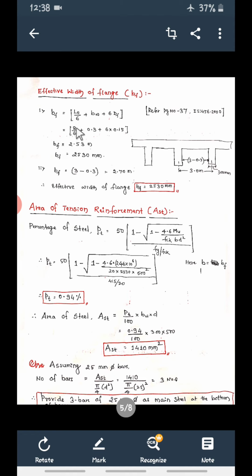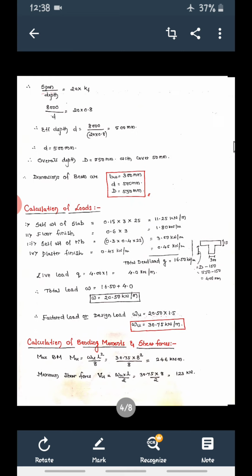It is 8 meter divided by 6, plus bw 300 mm means 0.3 meter, plus 6 into Df, the depth of flange, 0.15, the slab thickness. So we get 2.53 meter or 2530 mm. This is one effective width of the flange.